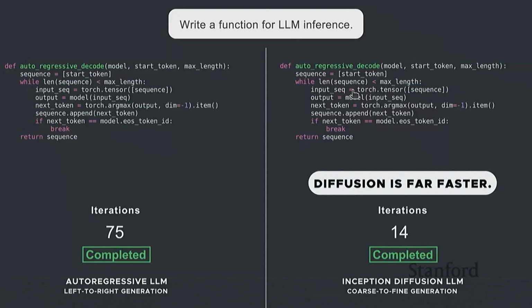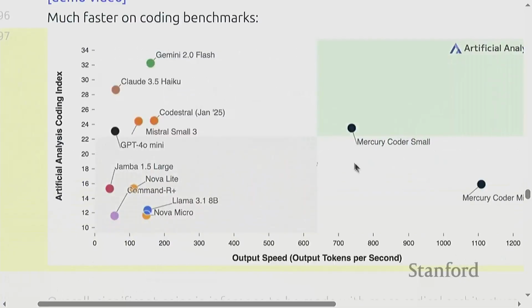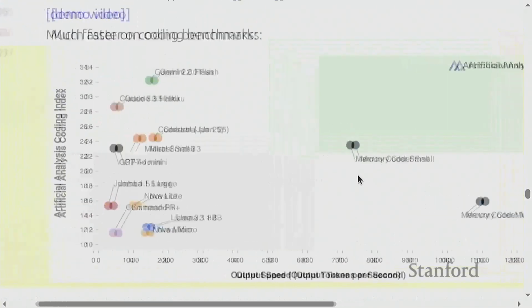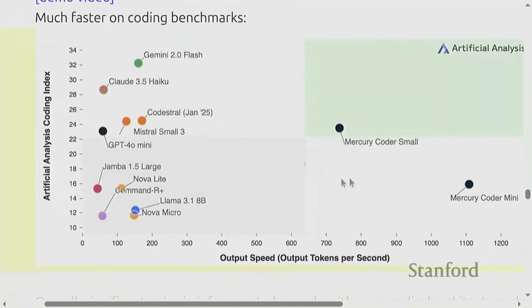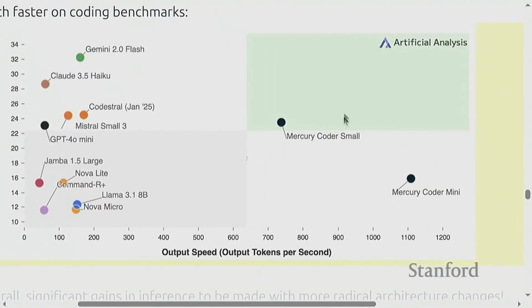over time. This is one of their benchmarks that show that, at least on coding, I'm not sure about other tasks, if you look at the tokens per second, these models are way out here in terms of speed compared to anything that's a transformer. Even Jamba, remember, a hybrid Mamba-transformer architecture, is quite slow compared to these diffusion models.